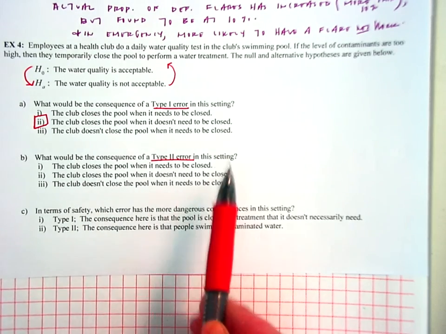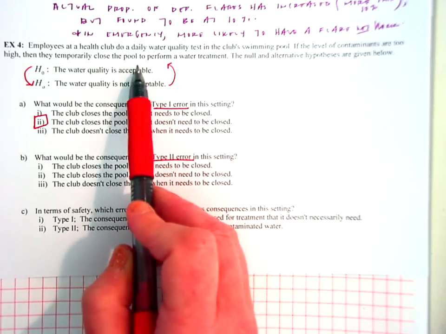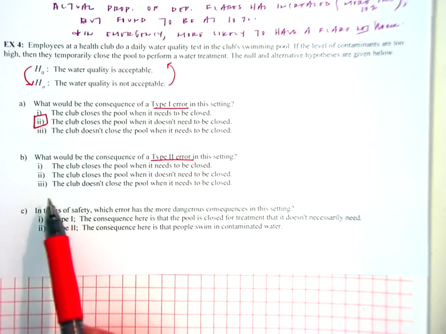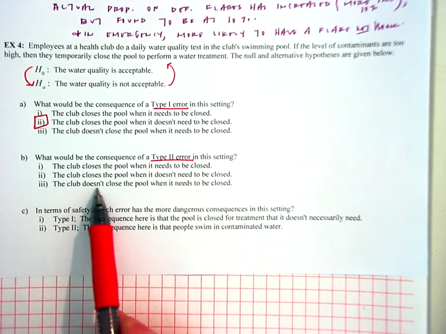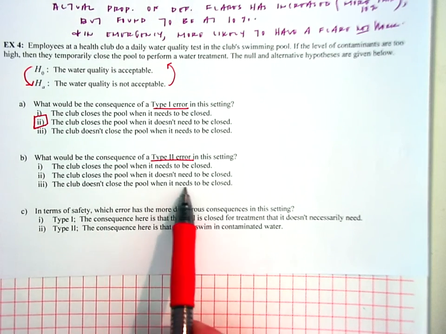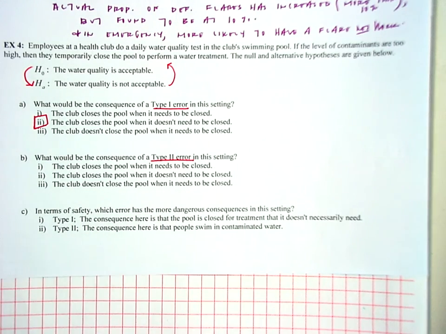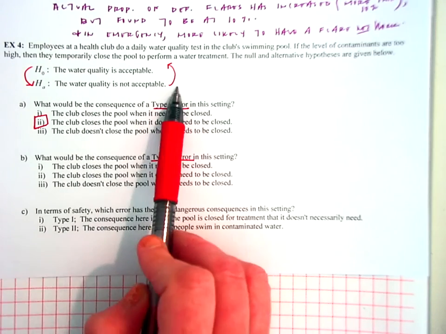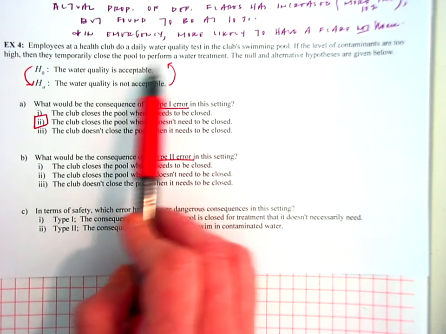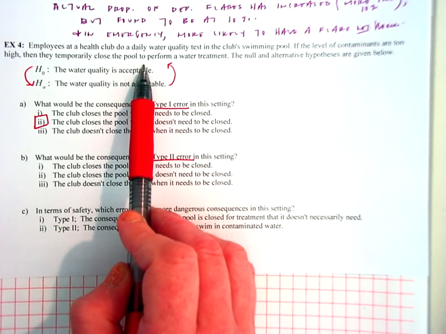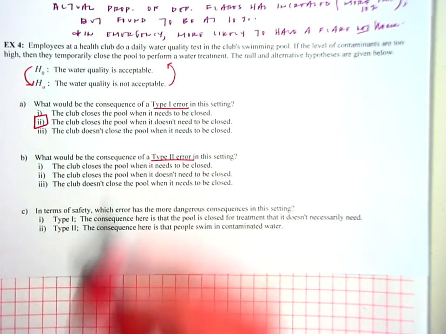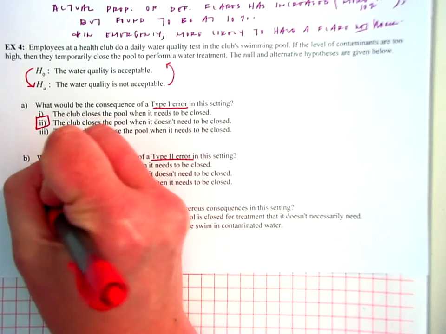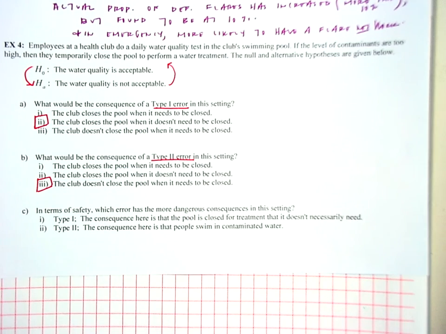Well, again, no, because we're finding that the water quality is acceptable. So that one's out. So 3, the club doesn't close the pool when it should actually be closed. That's what's happening here. The water quality is not acceptable, but we're finding that it's okay for people to swim in. So that is the issue we are facing.